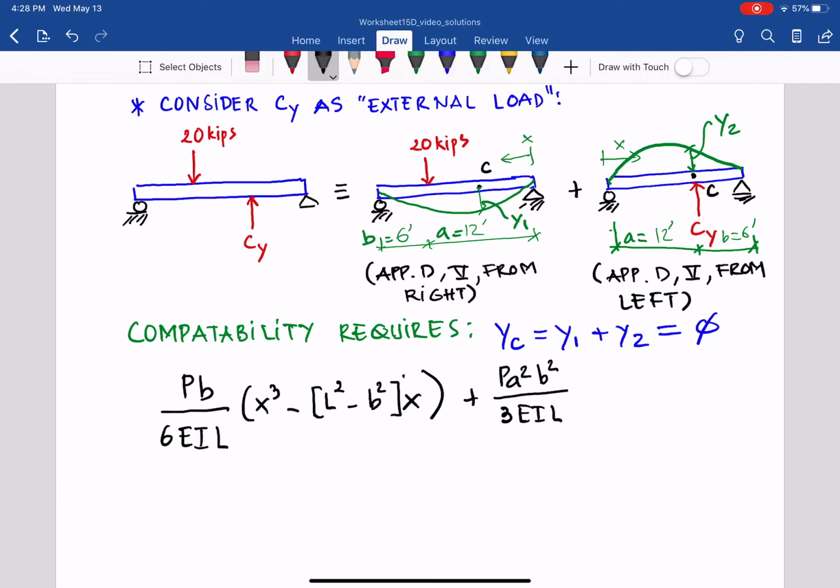The first one is for Y1, and this is for Y2. So as you can see, I write it out here.